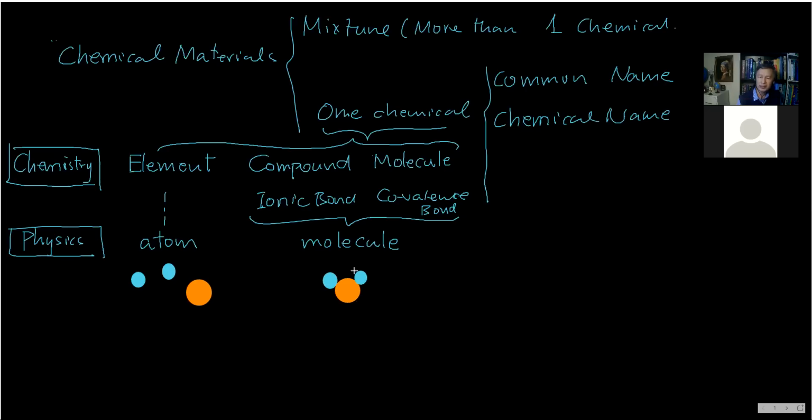So in physics, we just call it a molecule. In this case, this is a very simple molecule, and therefore the interaction can be just covalent. However, it is also possible that the molecule is made by different atoms, with a mix: some chemical bonds covalent, others ionic.